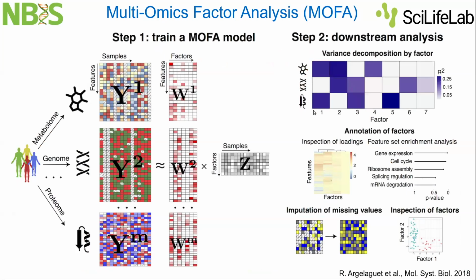MOFA provides a very interesting visualization. It gives you this nice heat map where you can check what omics and how much contribute to each factor. First of all, you project your data on this common axis of variation, then you can check whether all three omics in this case contribute equally to each latent variable, or maybe two of them contribute more to factor 1, and the other two contribute most to factor 2.